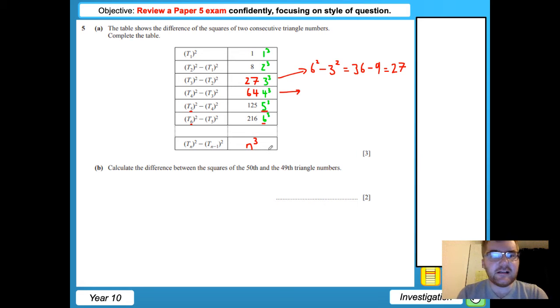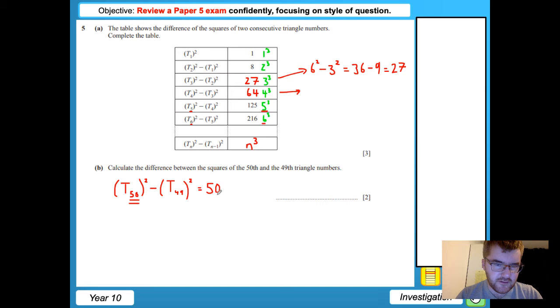And now we need to calculate the difference between the squares of the 50th and 49th triangle numbers. So to write this out, exactly what we're looking for is t50 all squared minus t49 all squared. And remember, it's this number, whatever this number is here, cubed.